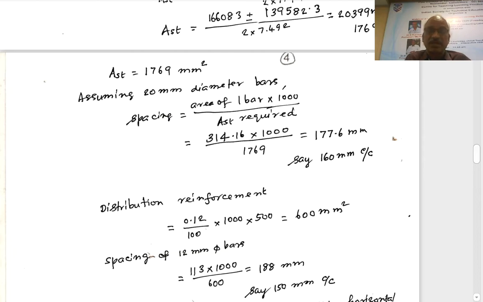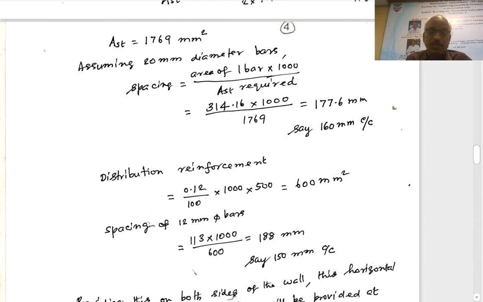It's a standard formula. The area of one 20 mm diameter bar is 314.16, into 1000, divided by 1769, which is equal to 177. Let us say 160 mm center to center. So this is the main reinforcement. This will be provided in the vertical direction on the backfill side. Right. We know the location and direction.